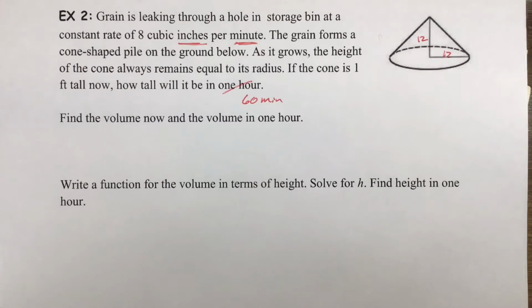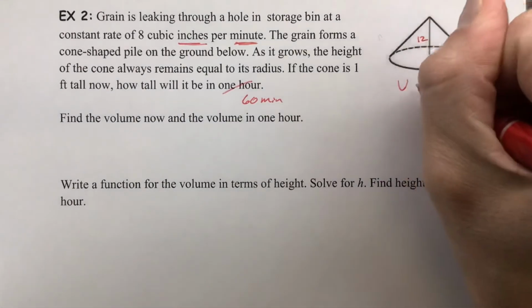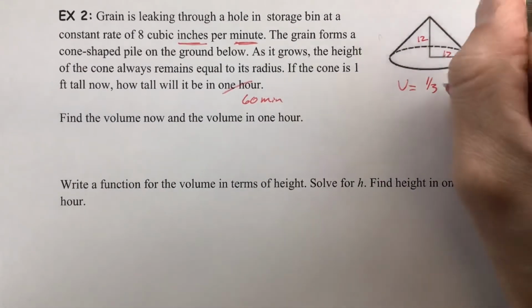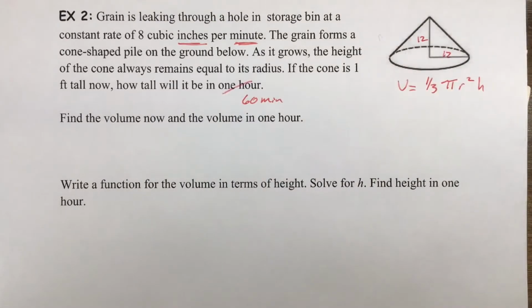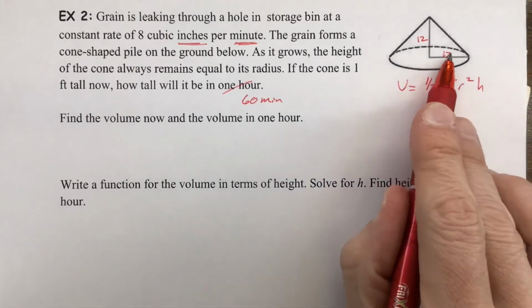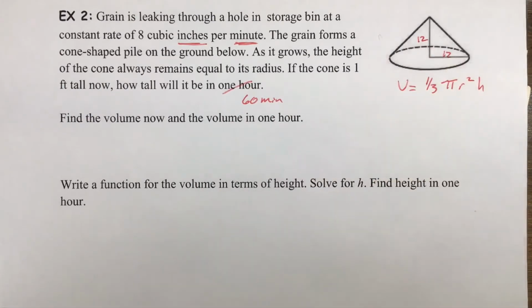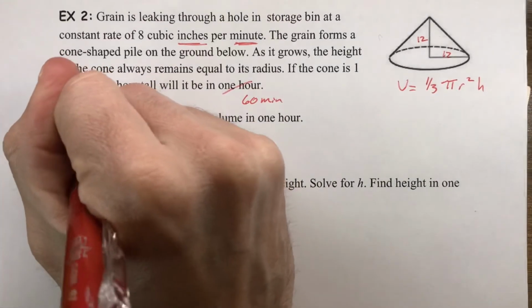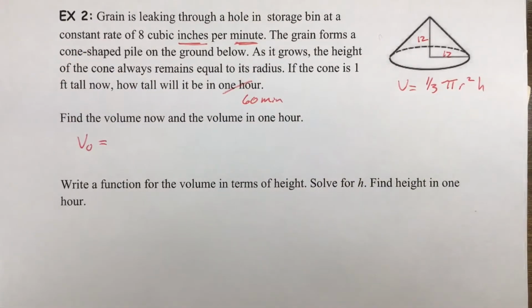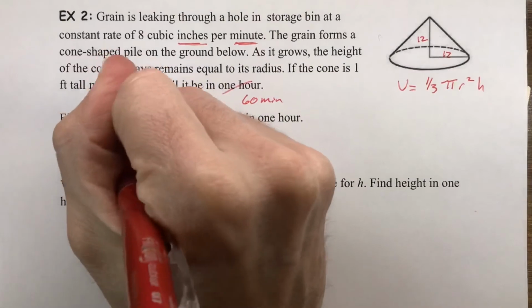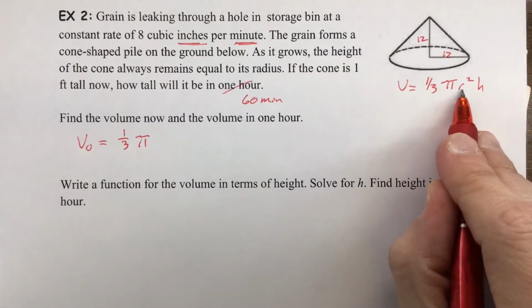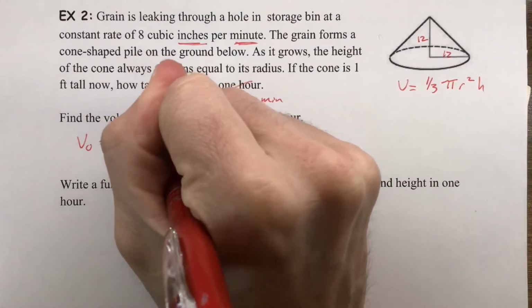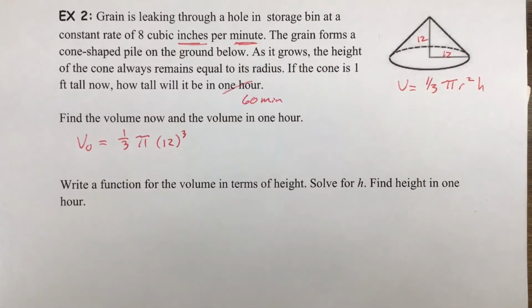So what we're going to start with is calculating the volume now and the volume in 1 hour. The volume formula is going to be V equals 1/3 pi r squared times h. In this case, the radius and the height are both going to be 12 inches. So right now, let's call this V naught. That would be equal to 1/3 pi, and if you've got 12 squared and another 12, that would be 12 cubed.